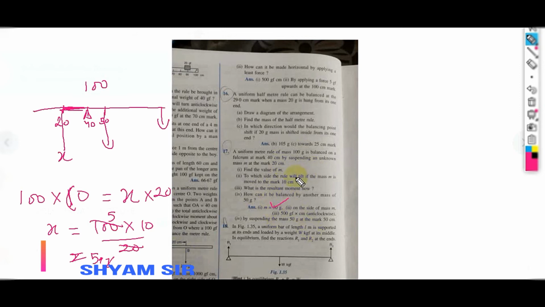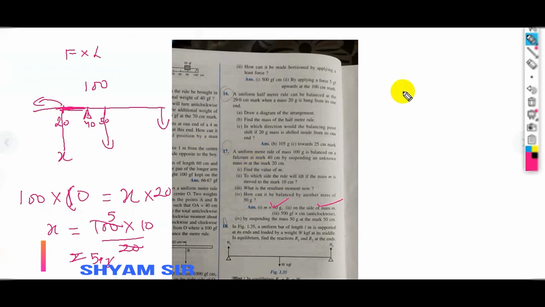Okay, and to which side will it tilt if the mass is moved by 10 centimeter? As we discussed earlier, moment is equal to force into displacement. If displacement is increased, then the moment will shift more toward this side, toward the 20 centimeter side. Third, what is the resultant moment?